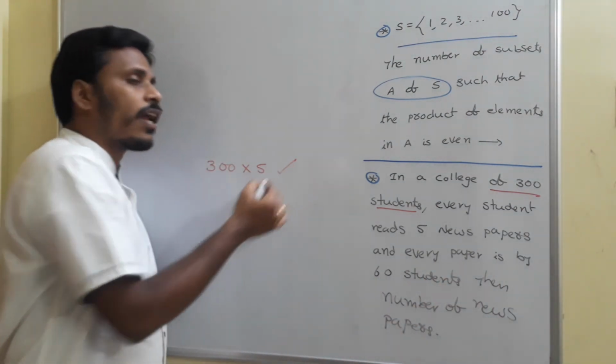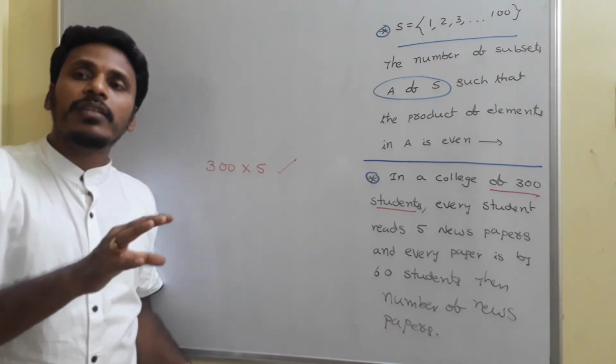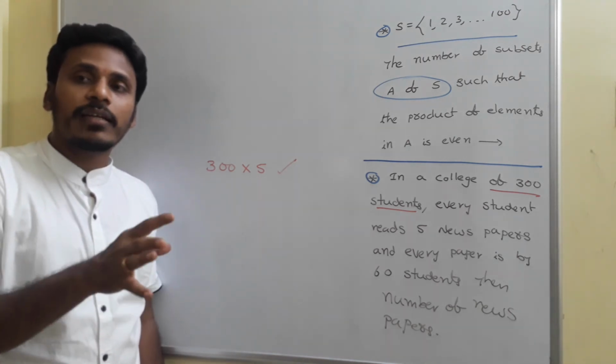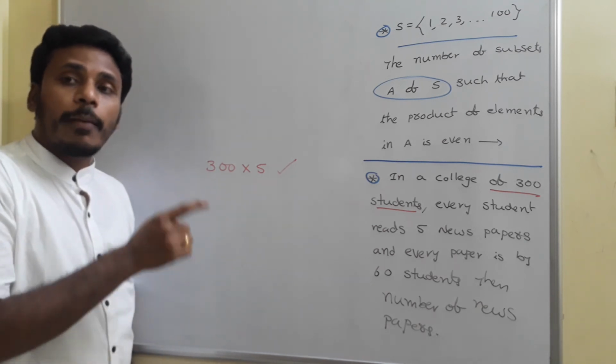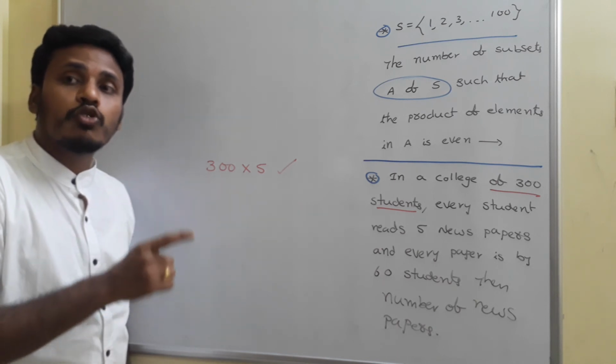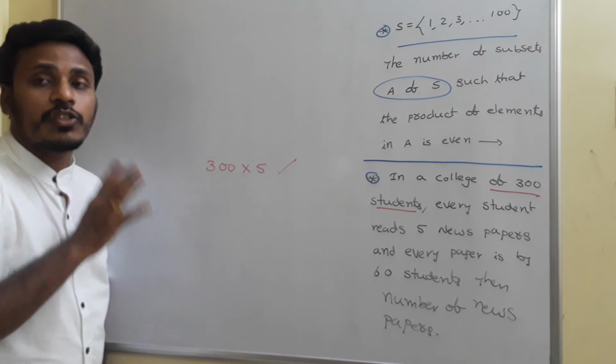Totally there are 1500 newspaper readings. If all the newspapers were different, we would have 300 into 5 newspapers. But every newspaper is read by 60 students, so among these we need to reduce that count by a factor of 60.